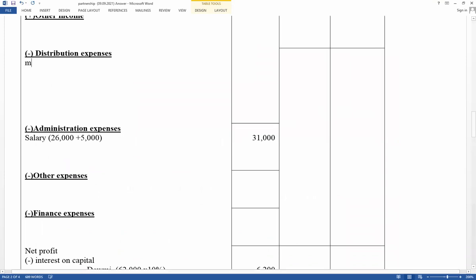Therefore, motor vehicle depreciation 20,000 should be included in the second column, and building depreciation should be included in the first column, 8,000.